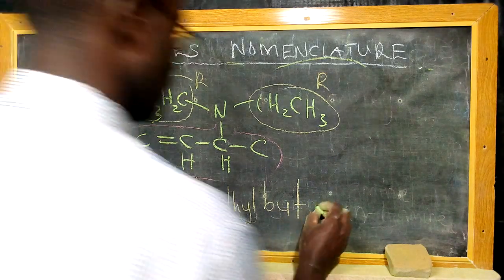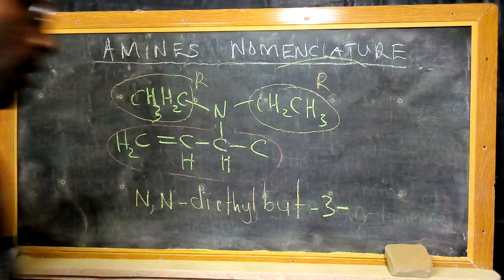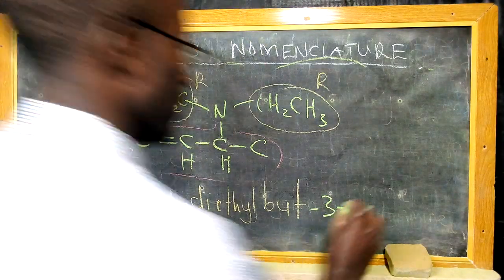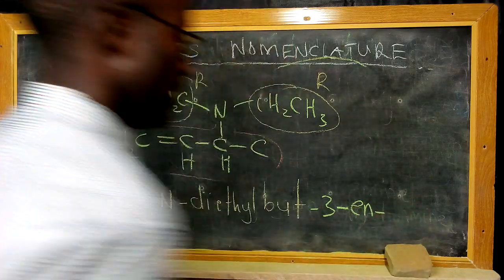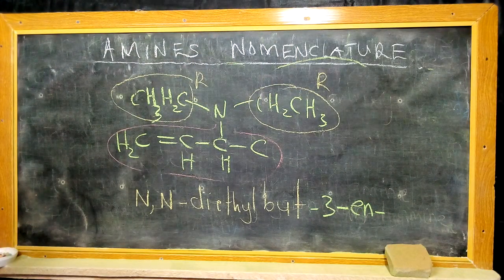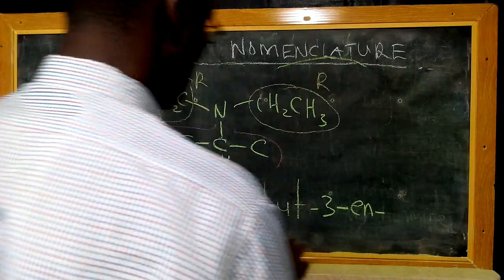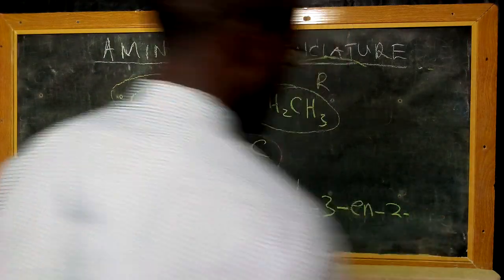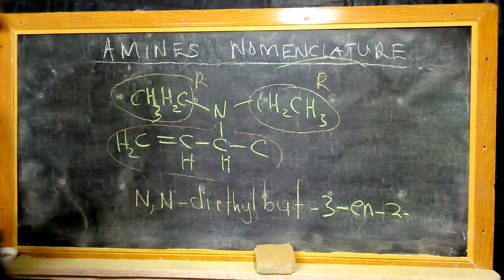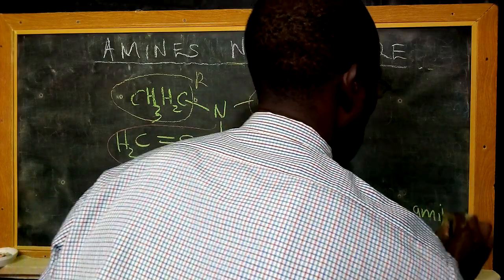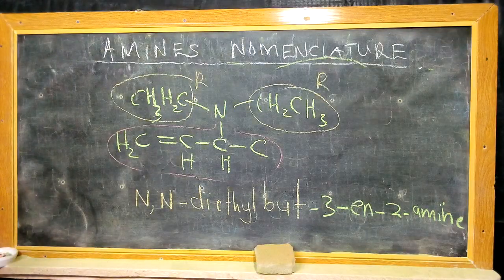So it is but-3-en, and then we see the position of the amine group in that particular derivative of the alkane series. The amine is at position 2, and then the suffix is amine. So N,N-diethylbut-3-en-2-amine.